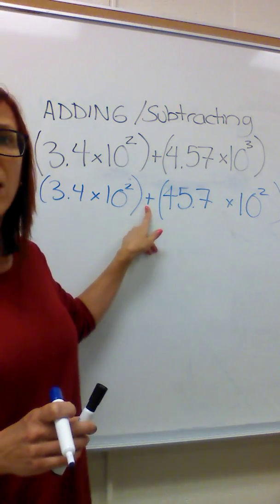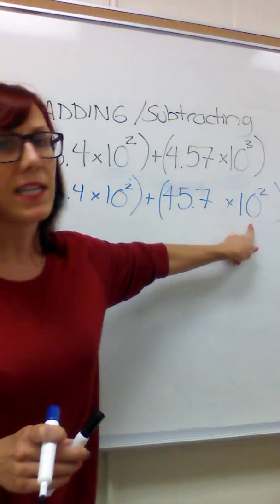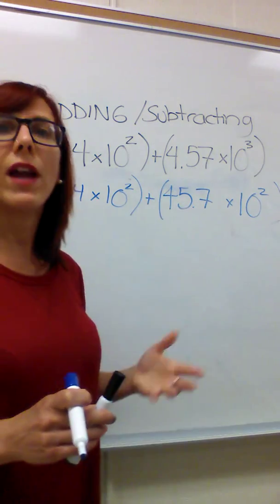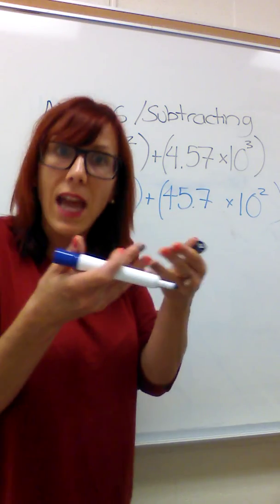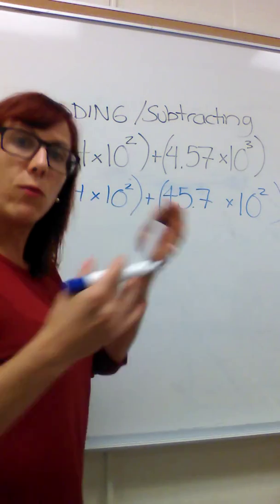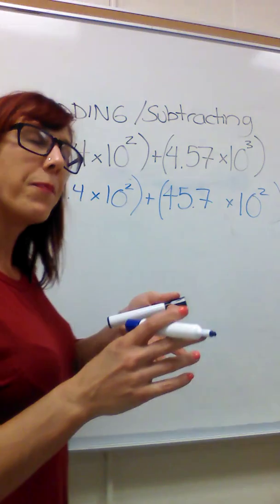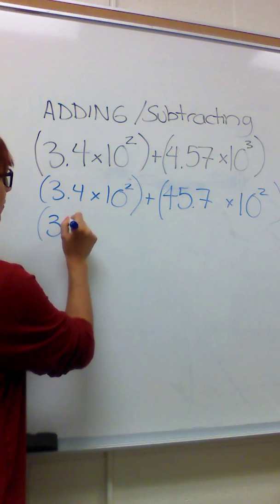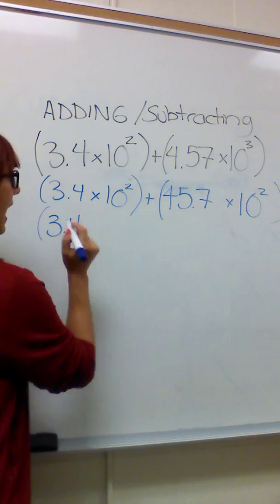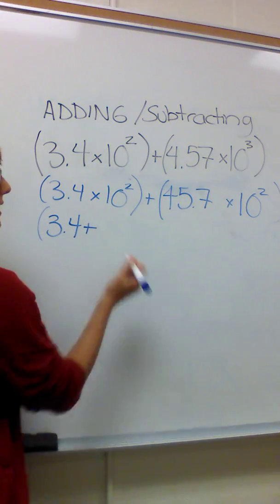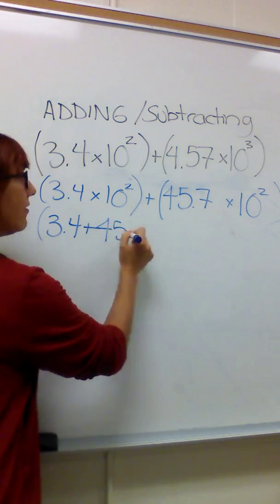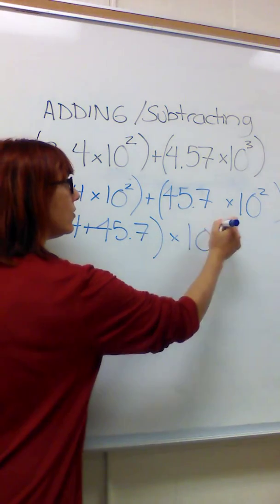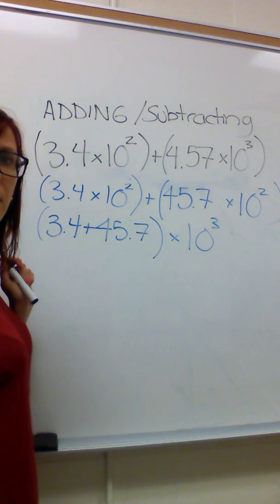Okay, so now we can deal with this. Because we are adding, we need to make sure first that these powers of 10 are the same, and now they are. So we are able to add them together. We revert back just like we did with the multiplication and division. We take our first two numbers, 3.4, and we are now adding 45.7, and that's going to be 10 to the exponent 2.